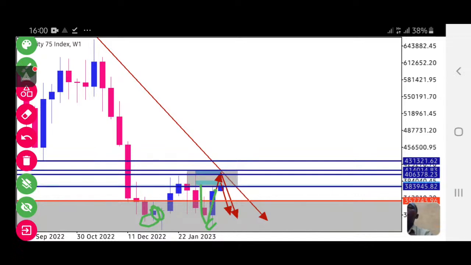It tells us that there are a lot of buyers still coming in. Whenever you see a candlestick pattern in a higher time frame, in most cases it has a high probability of working well, guys.